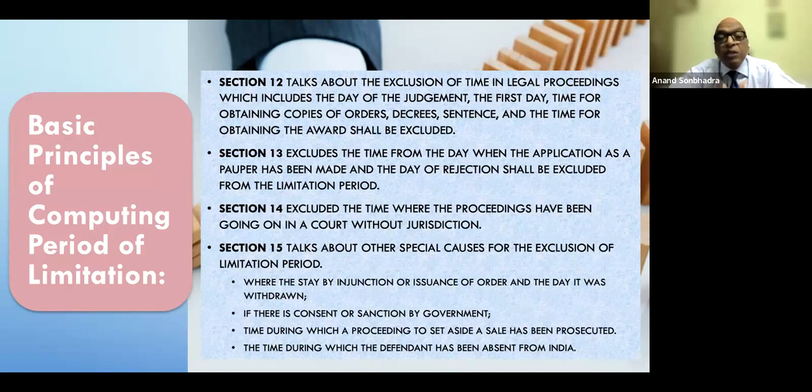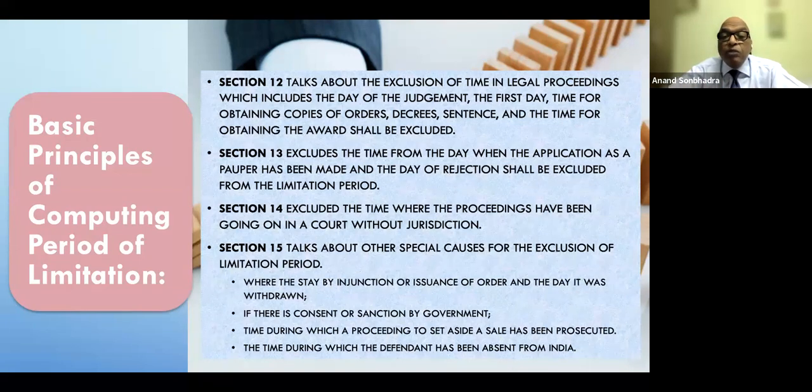If there is a consent or sanction to be obtained from the government as per procedure, the period of consent or sanction by the government, as per statute, procedure, or policy, that period will be excluded.